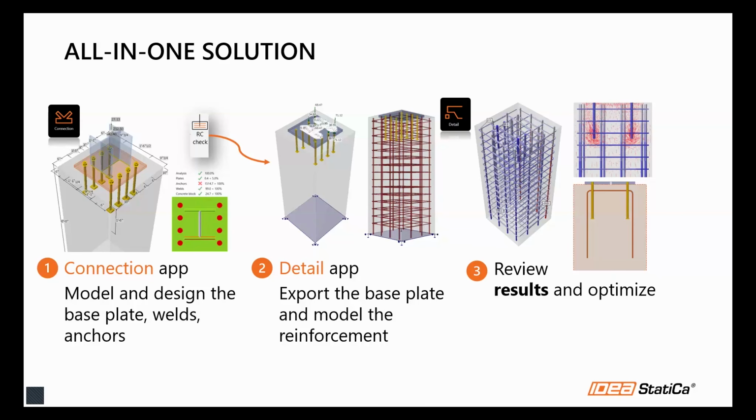Once your base plate's designed, you can hit RC check. It's going to export the base plate, the loadings, and the concrete element into our detail application. From there, you model in the reinforcing, then run the analysis, review results, and optimize your design.